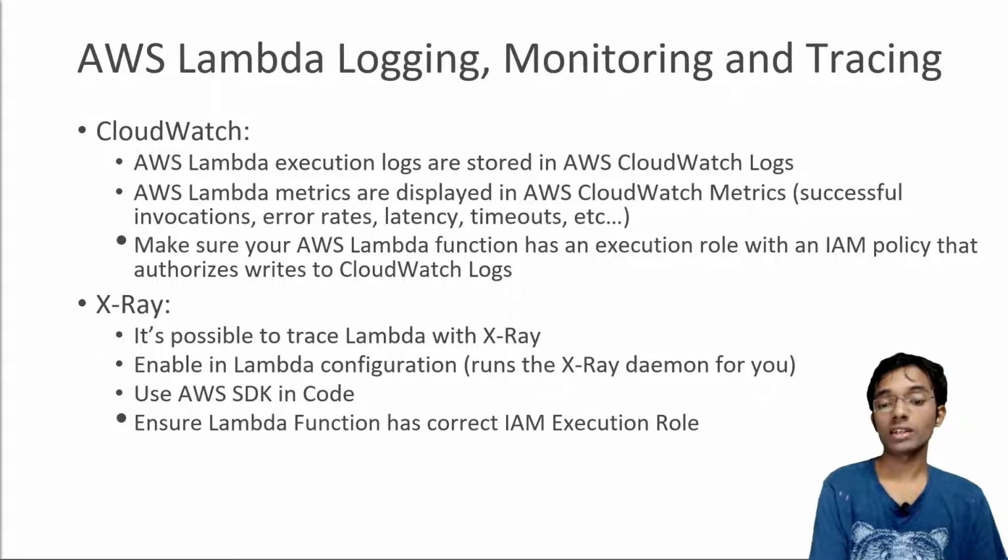And finally, obviously, you need to ensure that your Lambda function has the correct IAM execution role to talk to X-Ray. Okay, so that's it for logging, monitoring, and tracing on AWS Lambda.